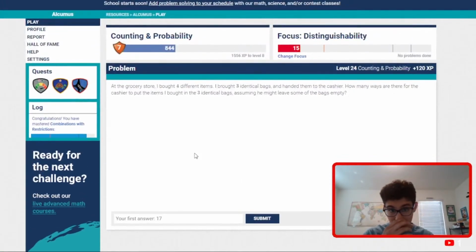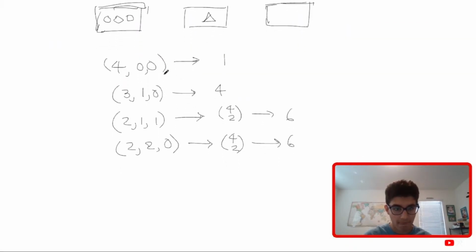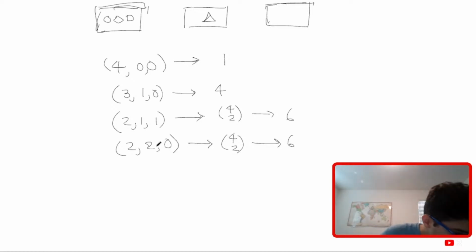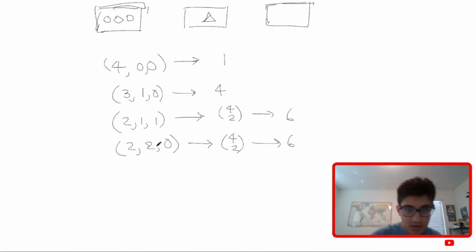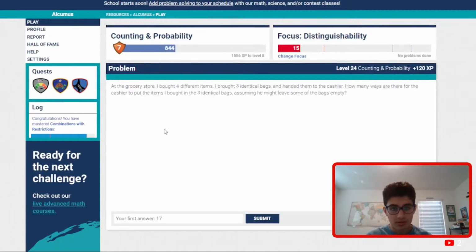Okay, so let's look at it again. Four different items, three identical bags, and so it is possible that some of the bags are empty. But what if, okay, four different items, three identical bags, and hand them to the cashier.